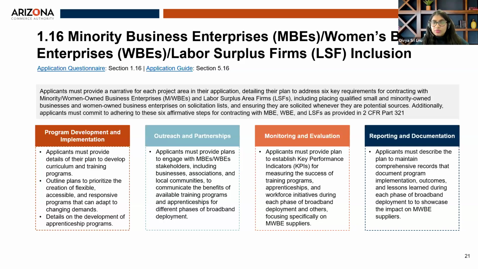So it's more on that. It's basically a narrative committing that they would prevent misclassification of workers, ensuring access to the workforce for all levels of workers in the state, including the underrepresented groups.